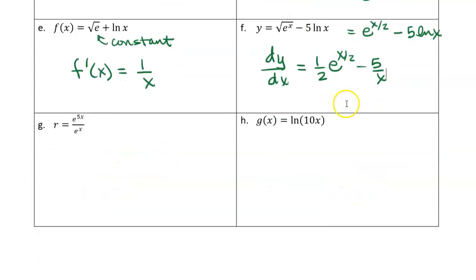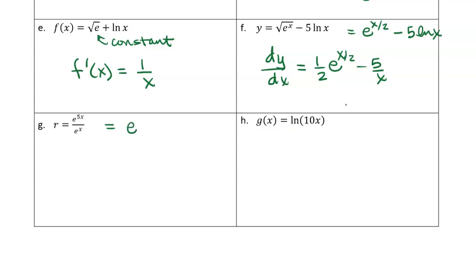All right. So let's take a look at the next one. We have the quotient. So remember that we can't just take the derivative of each part. The derivative of a quotient is not the quotient of the derivatives. Be careful. Do not do that. We have to simplify this. So I'm going to use my rules for exponents, and I'm just going to subtract those. Since I have the same base, I can subtract the exponents.